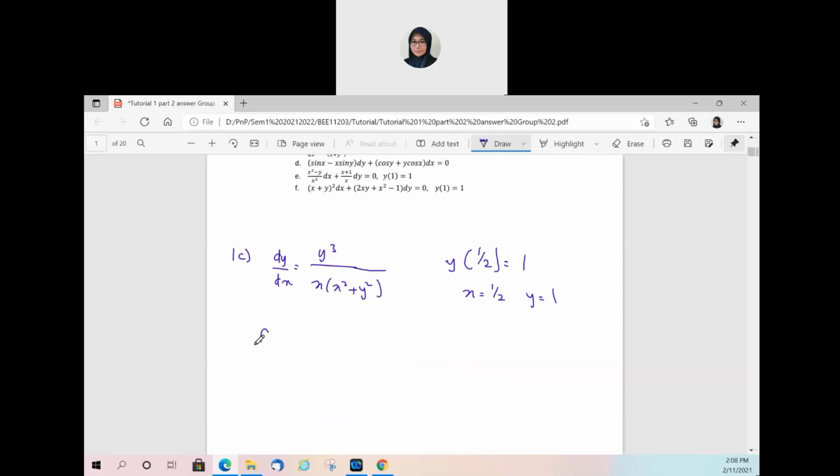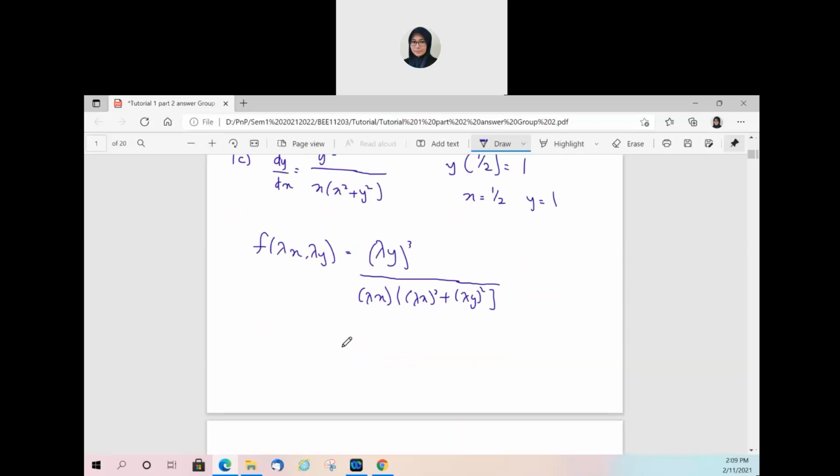You have f of lambda x, lambda y, equals lambda y divided by lambda x, and here you have lambda x squared plus lambda y squared.